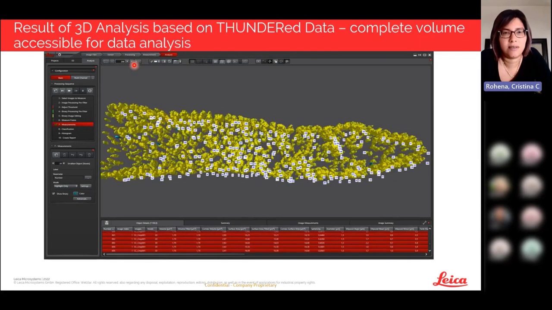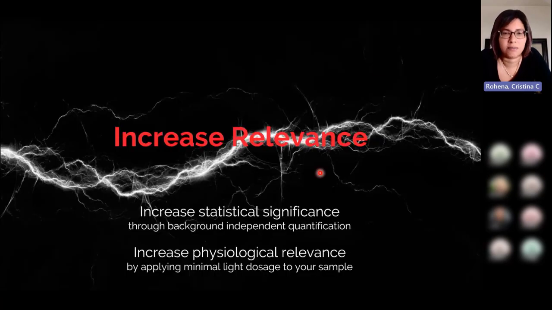If instead you were to use the Thunder data, you can now see that this reveals the complete volume of the image and is now accessible for data analysis. This, again, increases the relevance of your work by increasing the statistical significance and also increasing the physiological relevance of your work. It does this through background independent quantification and allowing you to apply minimal light dosage to your sample with the use of LED illumination.